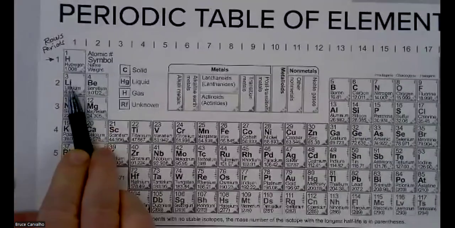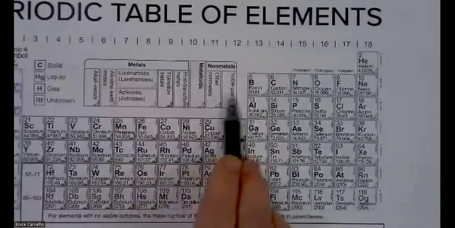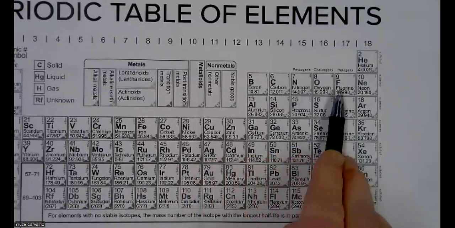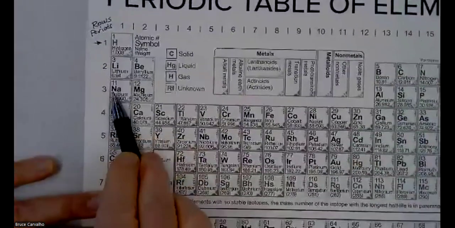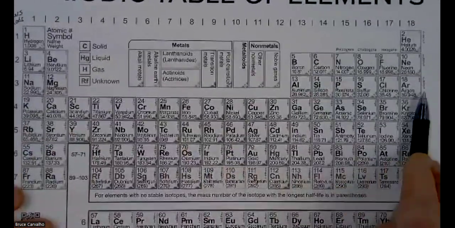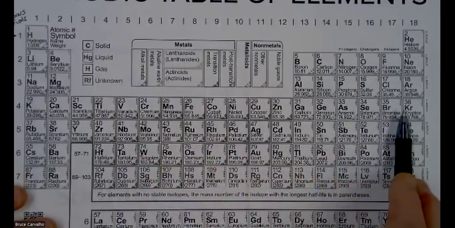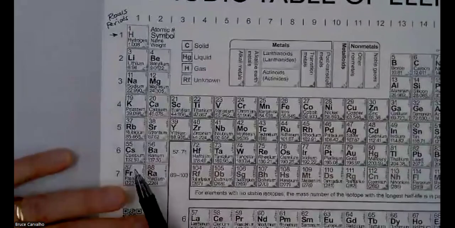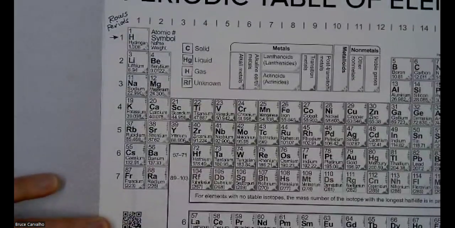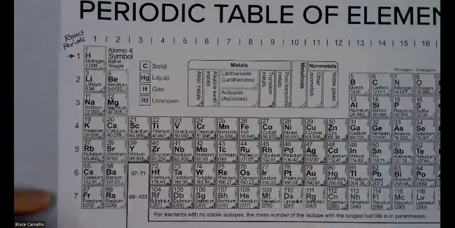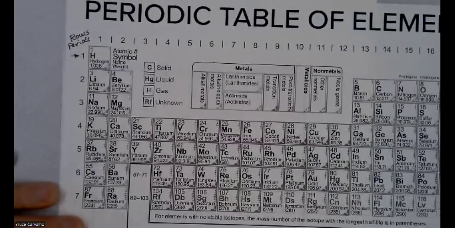The second row includes elements 3, 4, 5, 6, 7, 8, 9, and 10. Row 3, 11, 12, 13, 14, 15, 18, all the way to 36 for row 4, and so on and so forth. We're going to focus on the first three rows of the periodic table in the first portion of our introduction to it.